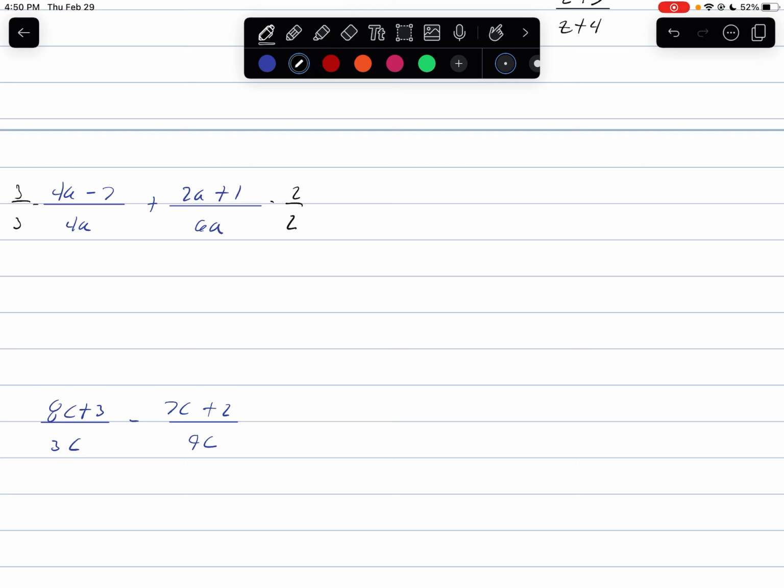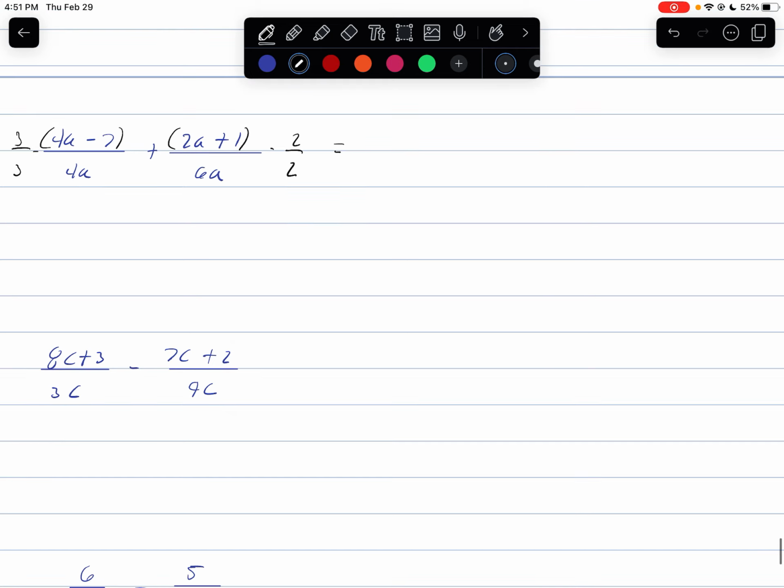Okay, and again, this doesn't change the value of anything because all we're doing is multiplying each of these terms by 1. 3 over 3 is 1, 2 over 2 is 1. So nothing changes. We're just rewriting this expression. So this is going to be 3 times... let's have the parentheses here. That way we can do easy multiplication, right?